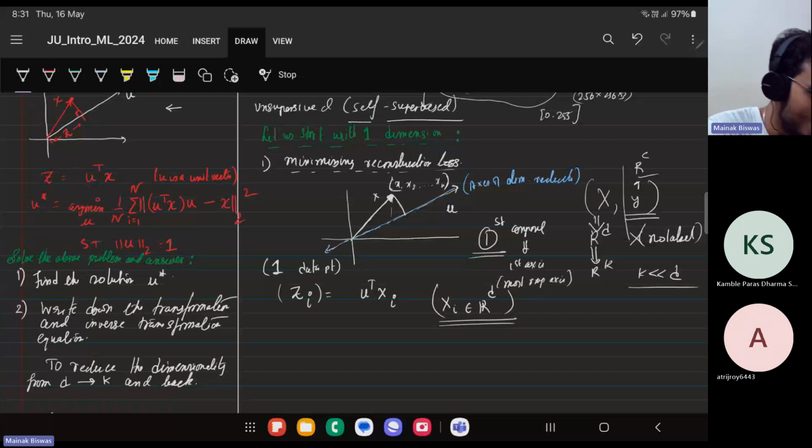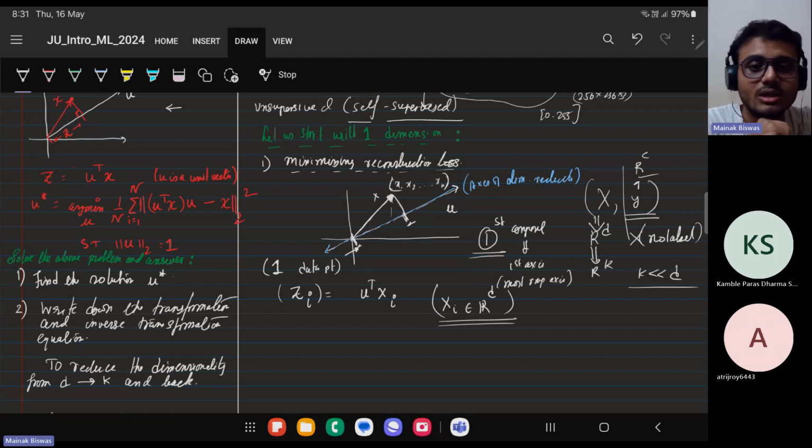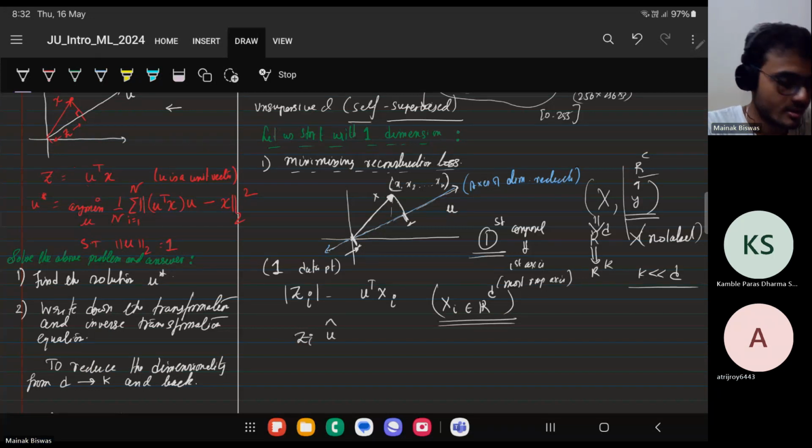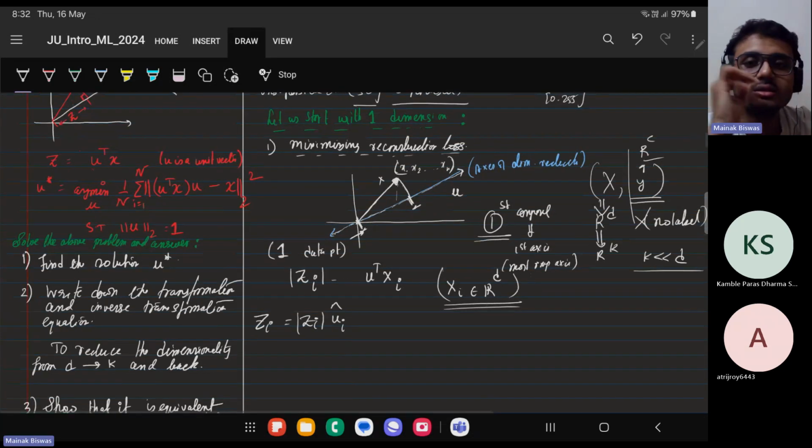So now if I ask you, what is this vector? What will you say? You know the magnitude. What is the vector? Good. So you will just do z_i into u cap. This is your z_i. Do you agree?